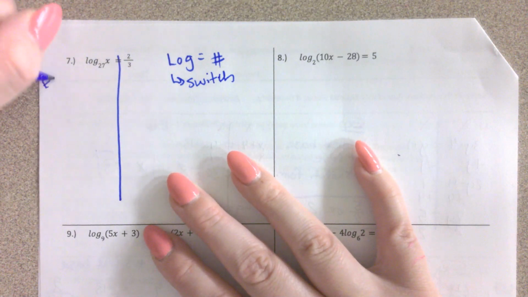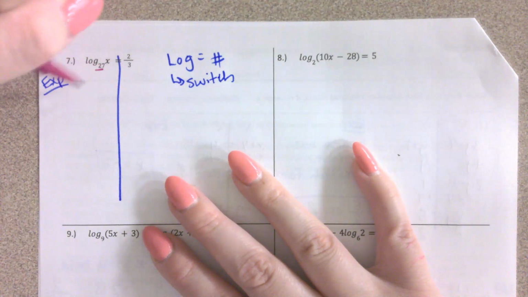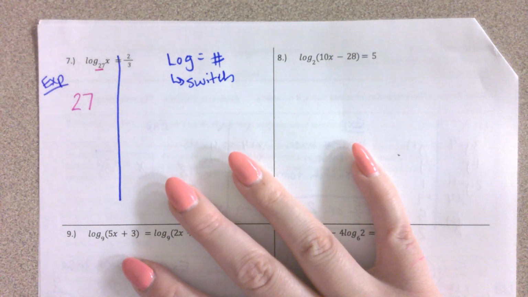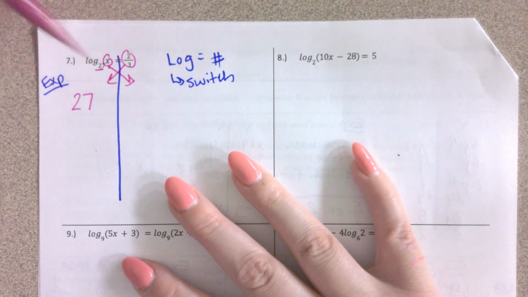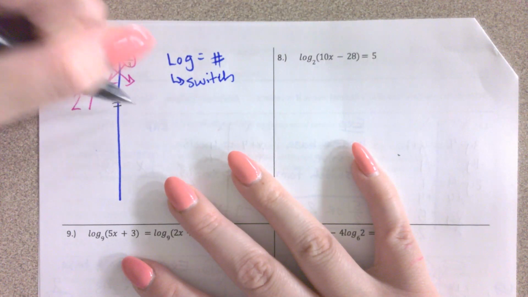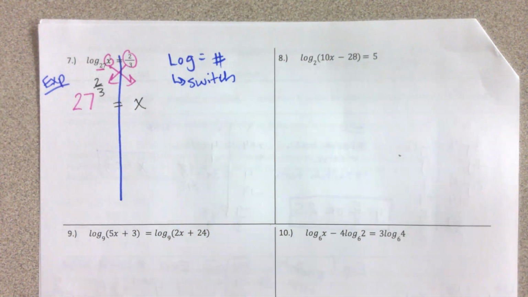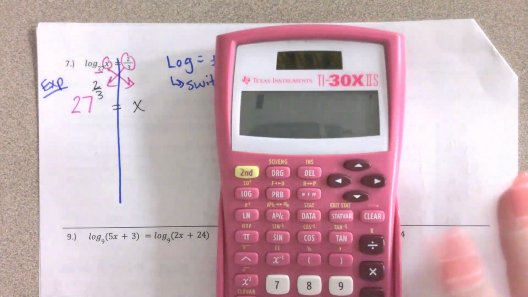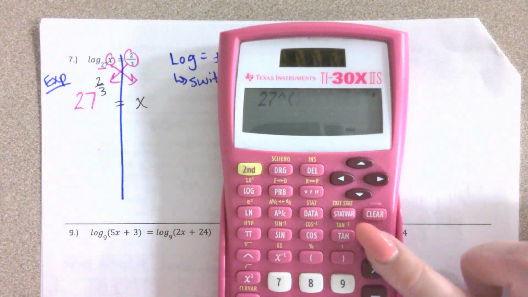We want exponential form. Base stays base. My base is 27. The other two play switcheroo. So we have 27 to the 2/3 equals x. Once again, I'm basically done. I just need to type that into my calculator. 27 to the, don't forget these parentheses, 2 divided by 3.